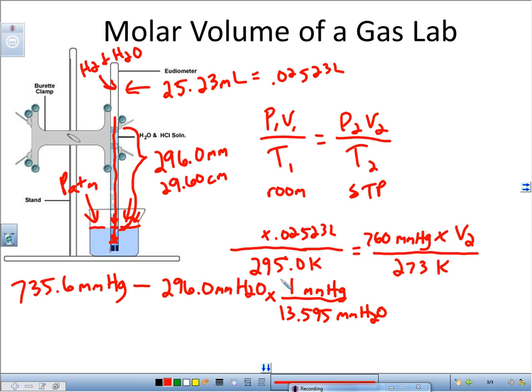That is a conversion that I know, and you can look it up, but it's the conversion from millimeters of water to millimeters of mercury, because we can't subtract millimeters of water from millimeters of mercury. So we're going to do that conversion to figure out what the pressure inside of the eudiometer is.